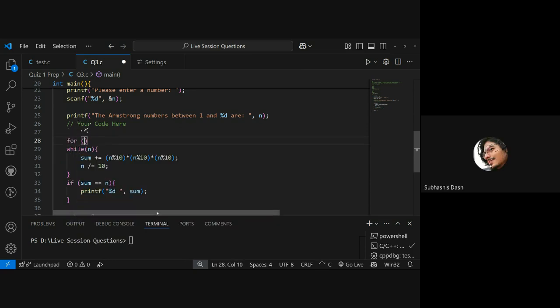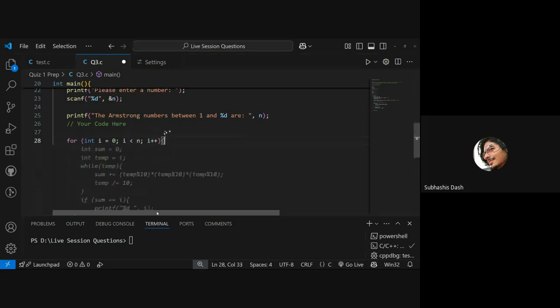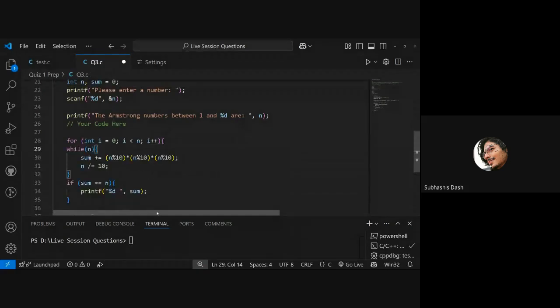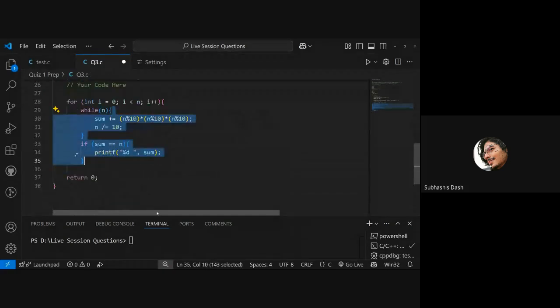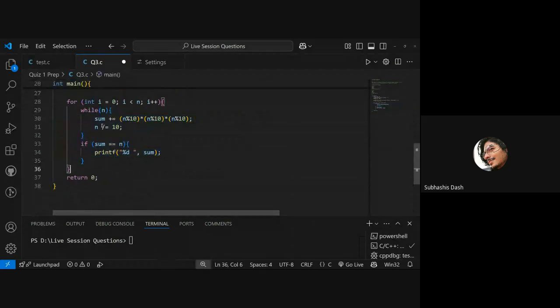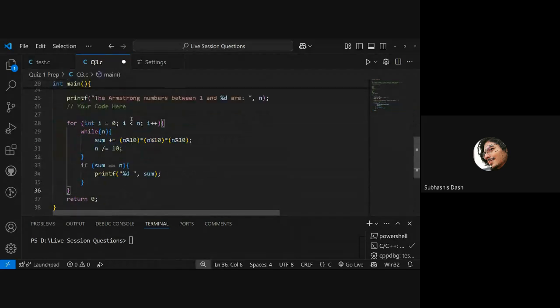So for int i equals 0 to i less than n, i plus plus, we can just take all of this and now it is in a for loop.